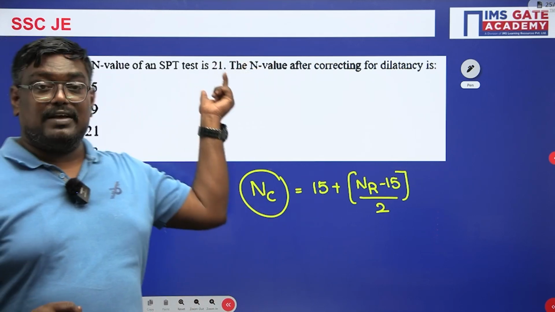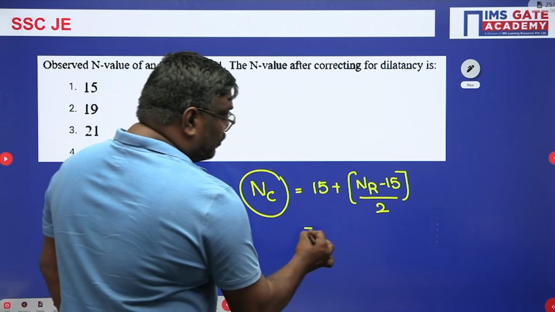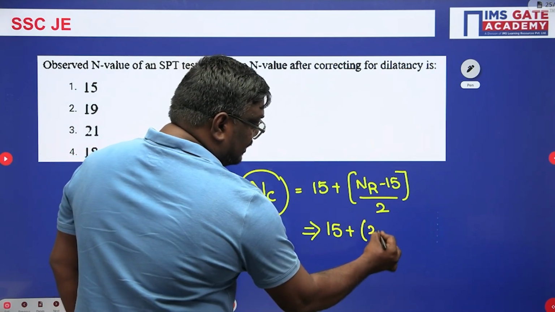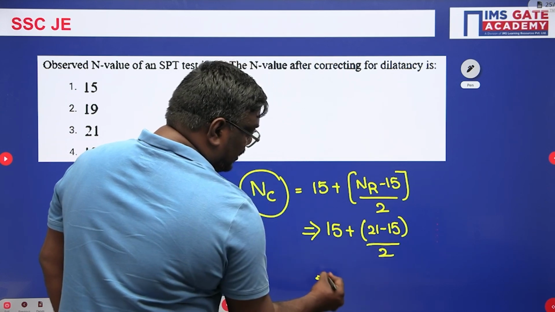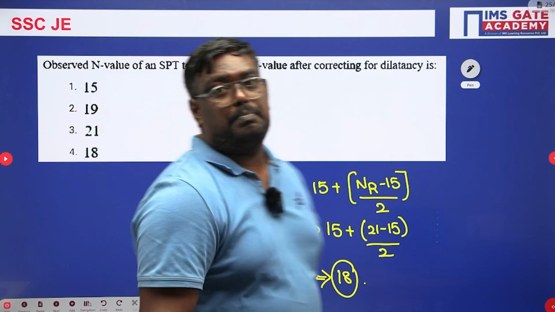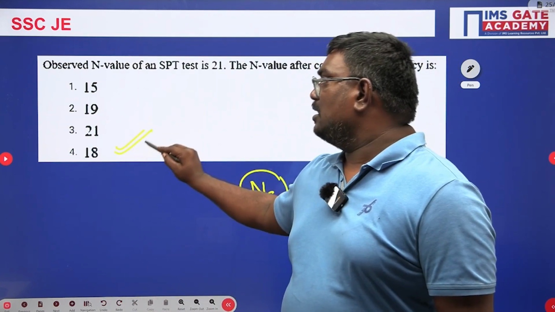But here they have given the recorded value as 21, if I am correct. So here you have to do 15 plus (21 minus 15) by 2. So this value will be equal to 18. I hope the answer here is 18. You can see option 4 is the right answer.